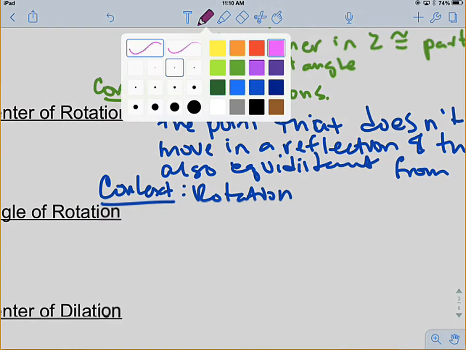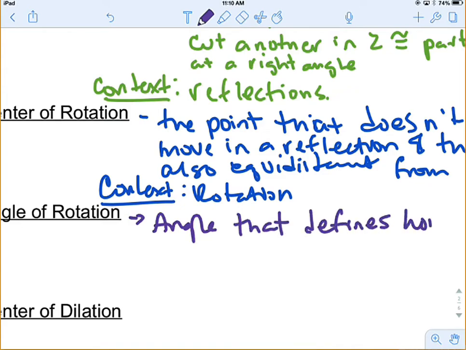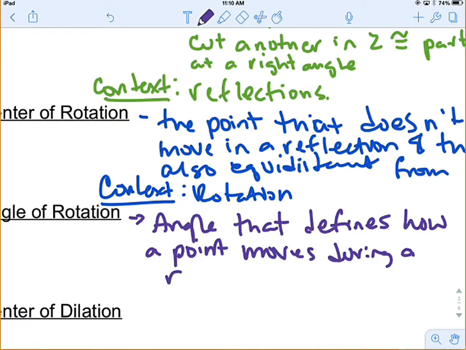Angle of rotation. Well, for angle of rotation, you can kind of use the same picture. It's the angle at which a point is rotating. So the context in this case is, of course, rotation.